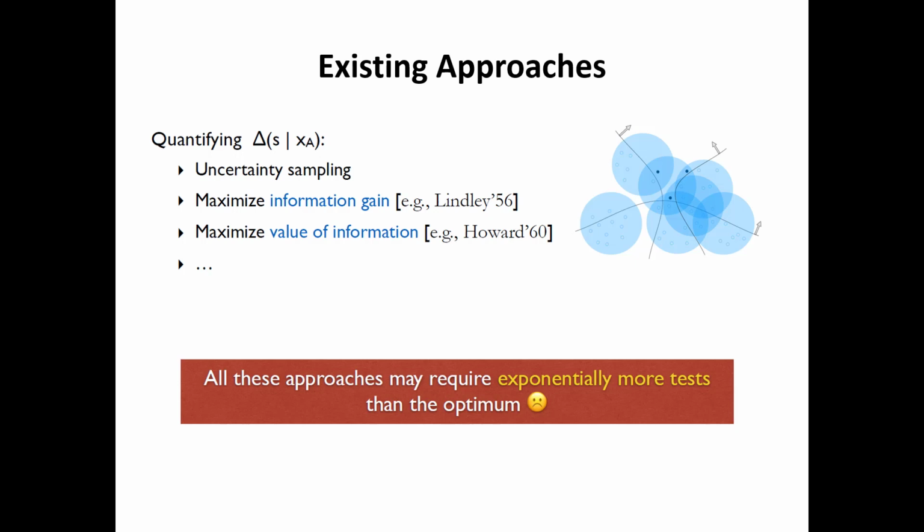And also it is possible to define some utility functions and try to maximize these utility functions at different steps. However, it is possible to show that all these approaches may require exponentially more tests than the optimal number of tests. In other words, the cost of this kind of greedy algorithm can be exponentially more compared to the cost of the optimal policy.